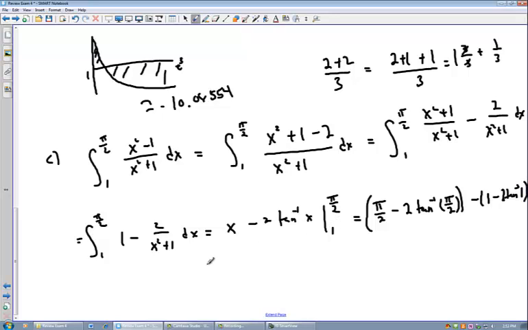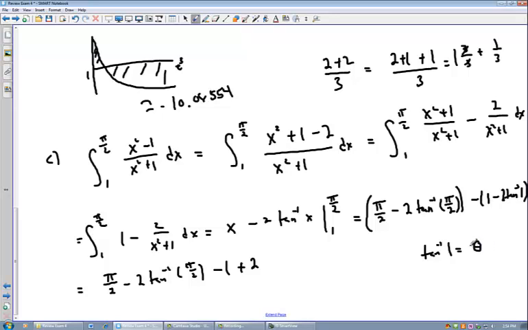And so that's equal to, I have pi over 2 minus 2 tan inverse of pi over 2. And then take away 1, and then take away, so a negative and negative, or minus and minus is a plus. And so then I have a plus 2 times, and then you have to figure out what the heck is tan inverse of 1, and that's actually equal to, if you think about it, some angle.